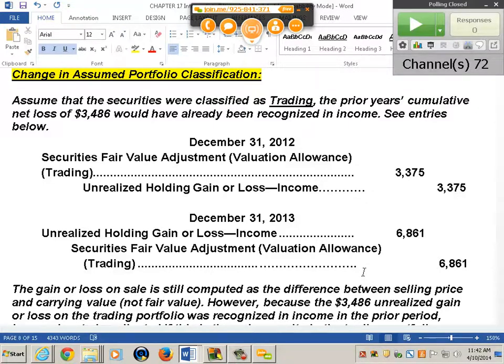And in that second year, you have a loss. So you have a debit to the loss on the income statement in that second year of 6861, and you credit the allowance account. And once again, you have to close that to retained earnings.